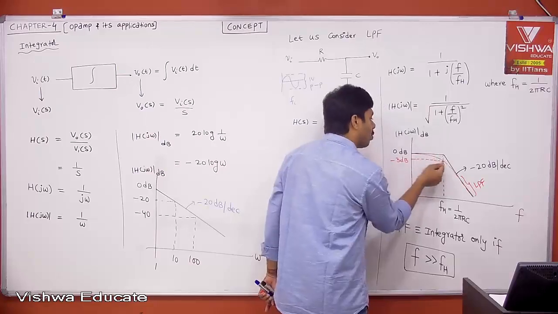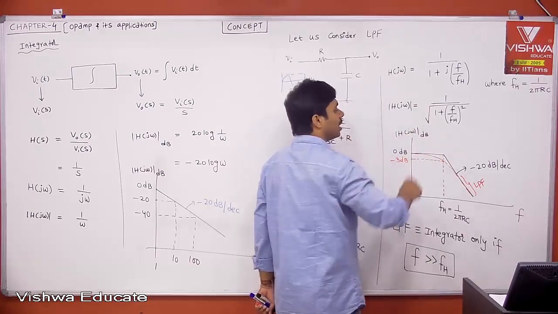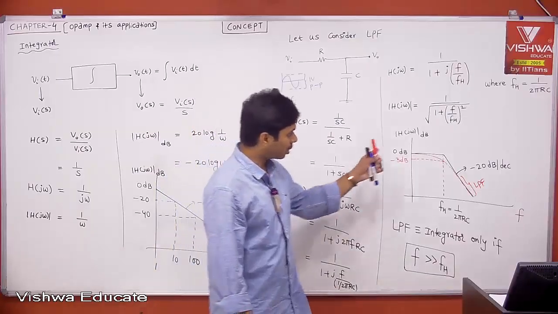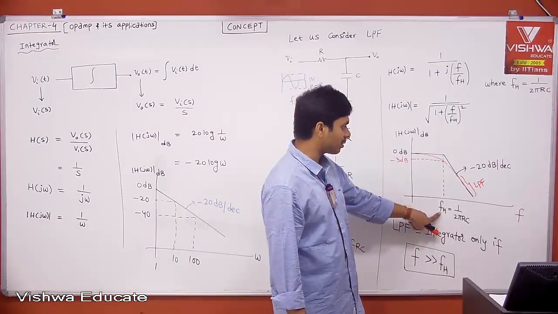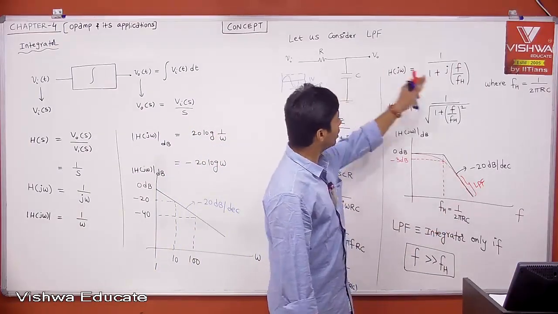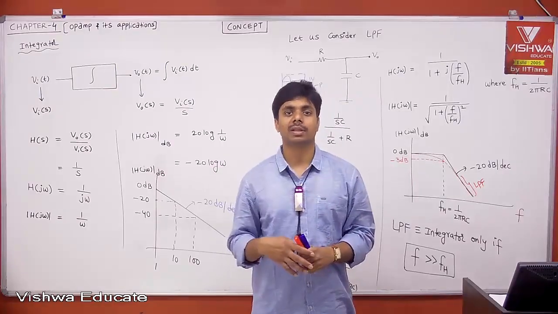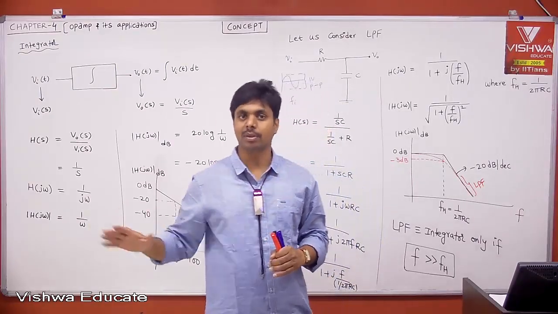Till that point, the power you deliver to the load is more than or equal to 50%. Once you cross that frequency, which is the higher cutoff frequency, the power delivered to the load is less than 50%. People say that it is not acceptable.